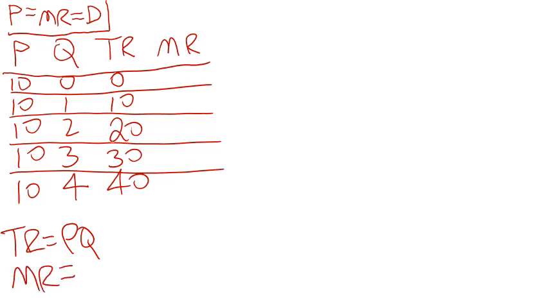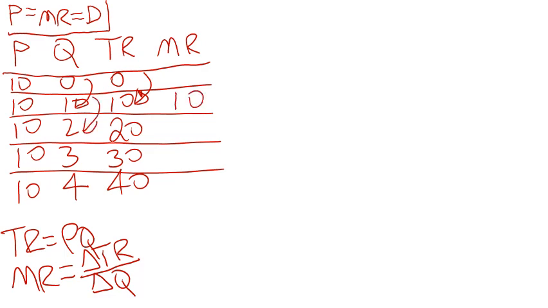Remember, marginal revenue is the change in TR divided by the change in Q. So basically we're doing over and over again TR2 minus TR1. When the first unit is sold, total revenue goes from 0 to 10, so marginal revenue is 10.